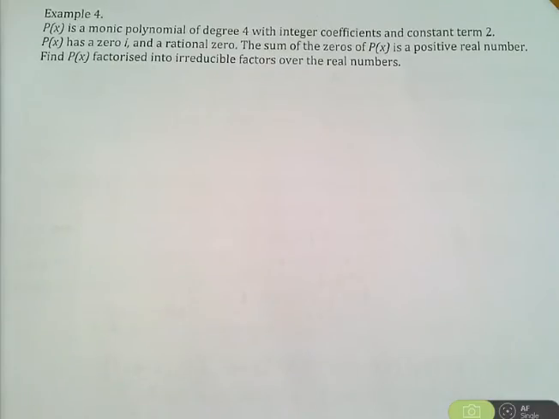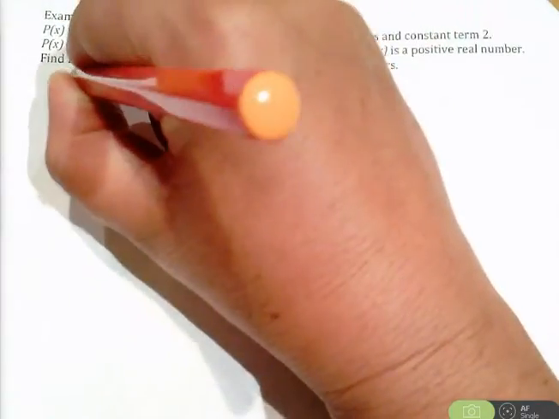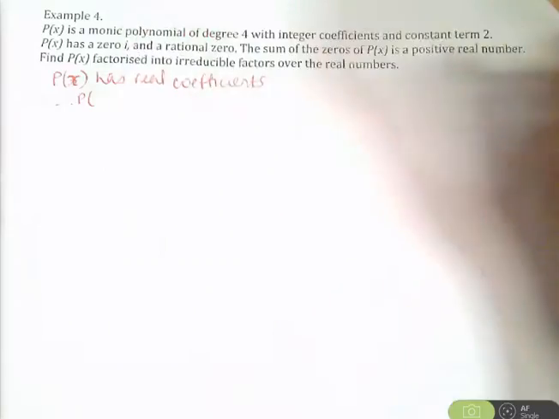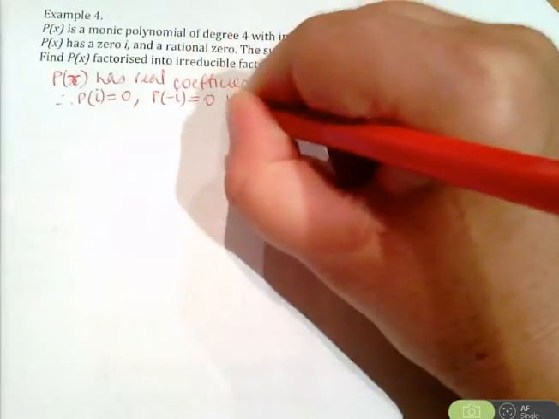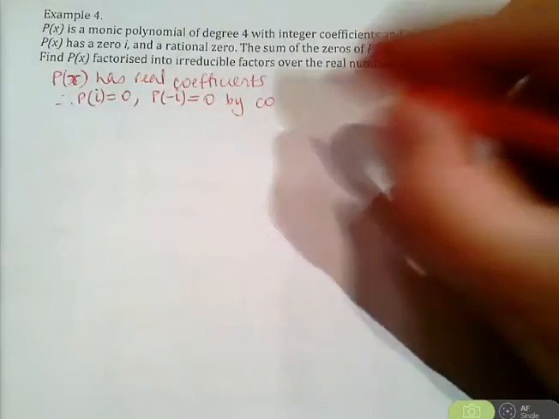So P of x has real coefficients. Therefore, we know that i is a zero, so P of i equals 0. P of minus i is also equal to 0 by the conjugate root theorem.